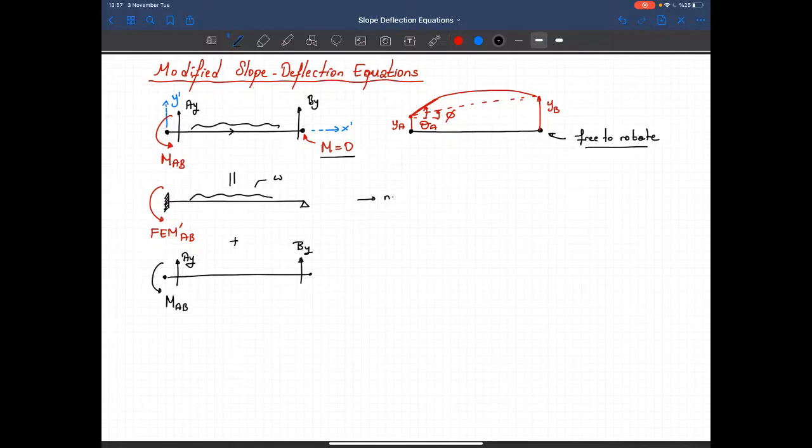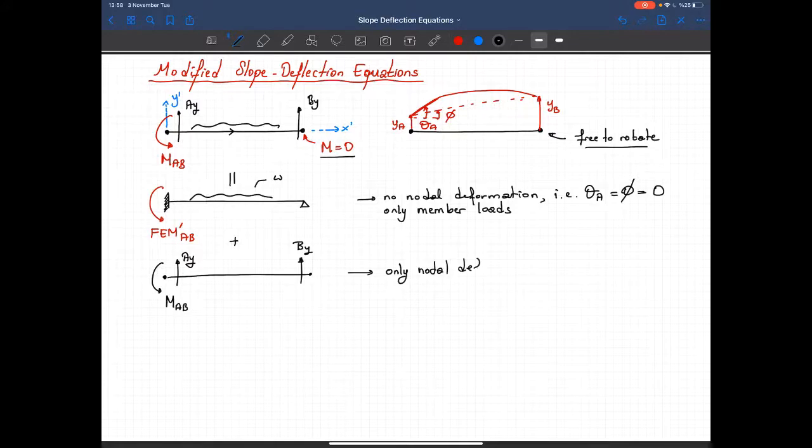So here no nodal deformation. That is theta A is equal to phi angle, and that's equal to 0. And we have only member loads in that case. And in the second case, only nodal deformations, that are theta A and phi.